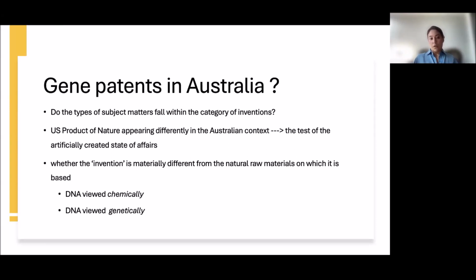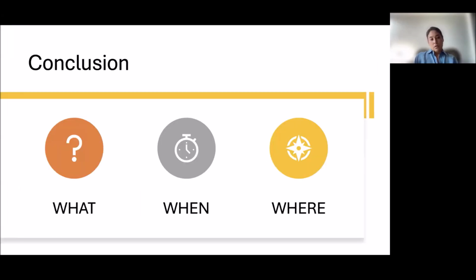So the court viewed the DNA as genetically significant and capable of carrying the information. So gDNA is held not patentable in Australia as well, whereas cDNA is still okay because it's synthetically produced.